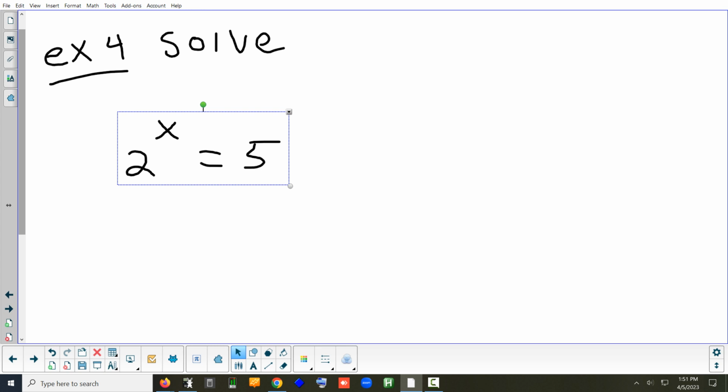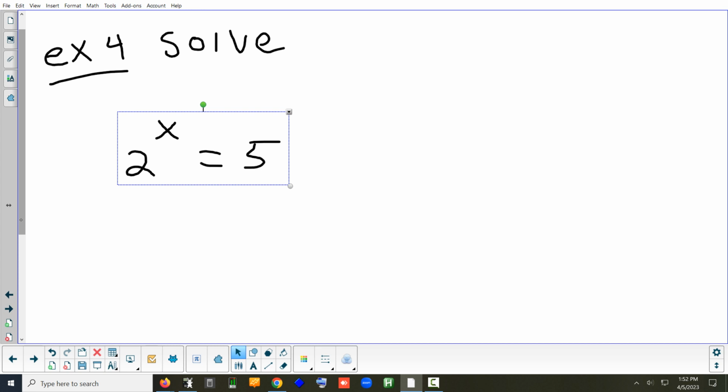Jenna, what can I do with something like that? Yeah, let's change it into log form. That's really the only thing that we could even try with something like that.